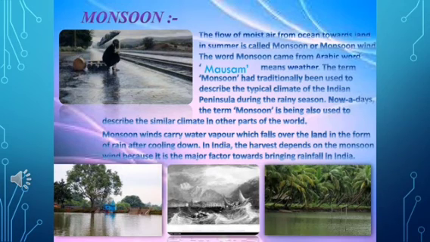If you take the example of the climate in India, during the summer, the land gets heated up a lot. Say if you take the example of Rajasthan. Rajasthan is very hot. So there the warm air rises up.